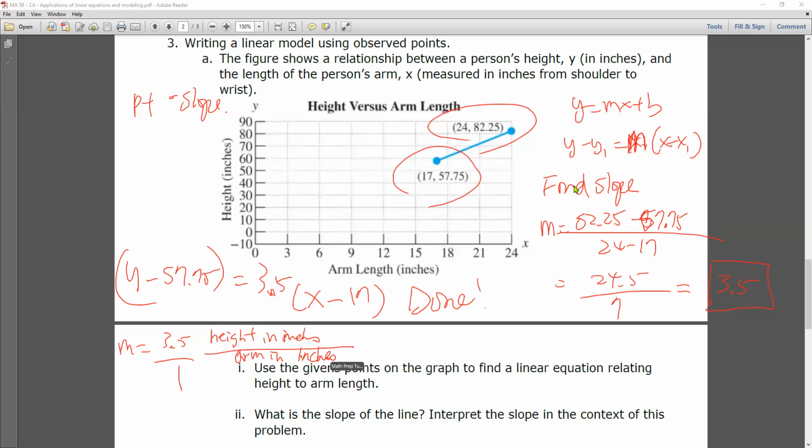So because it's 3.5 over 1, it sounds like for every 1 inch growth in arm, it's equivalent to 3.5 inches in height.